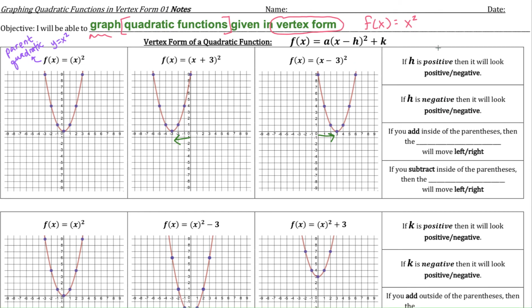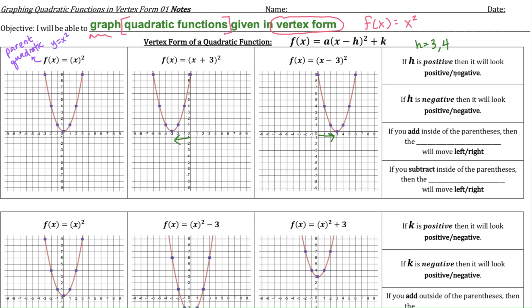So this is vertex form: f of x equals a times x minus h squared plus k. Looks confusing, but you'll get used to it. If h is positive, let's pretend h is 3, then it'll say x minus 3. If h is 4, it'll say minus 4.